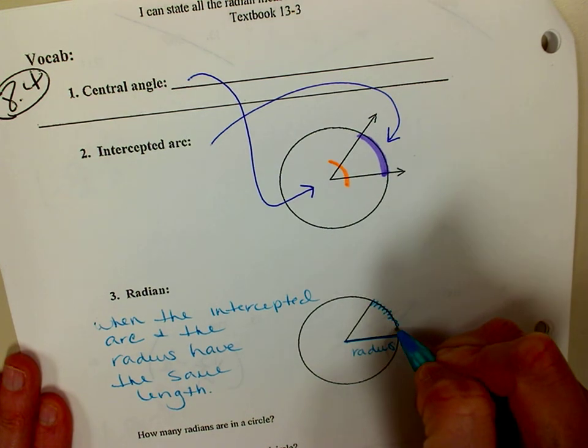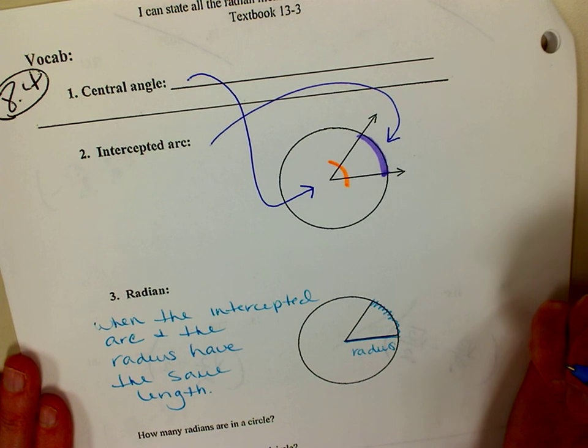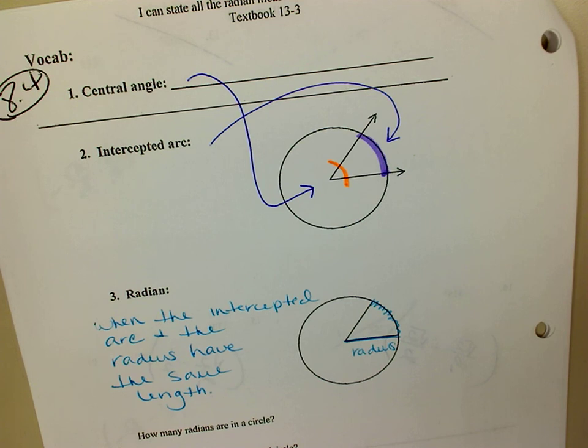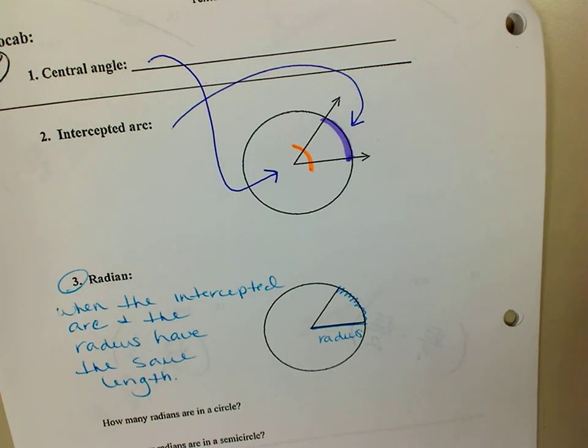This is the intercepted arc. If they have the same length, that is equal to 1 radian. Okay, so that may or may not make sense, but that's okay, it doesn't matter.